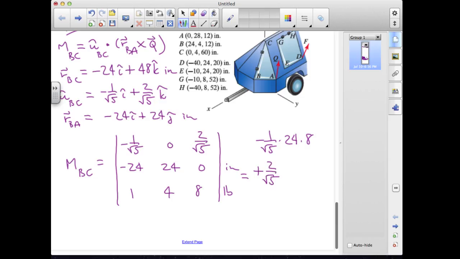We have minus 24 times 4, then minus another 24, so that ends up being minus 24 times 5. And that result ends up being minus 193.2 inch-pounds.